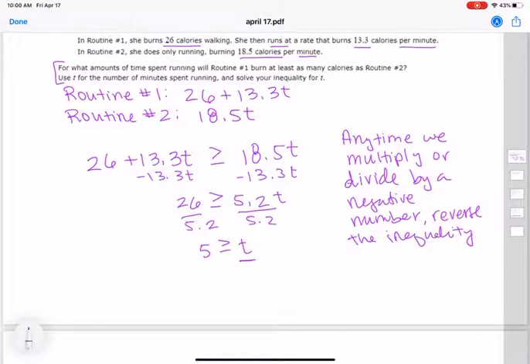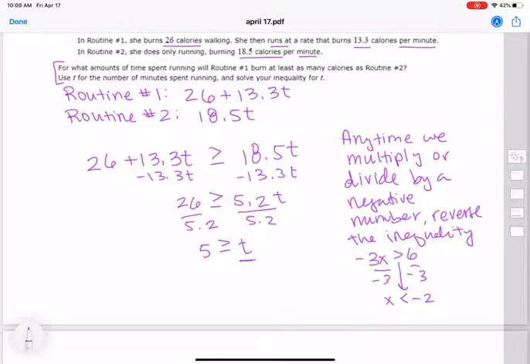For example, if you had something like negative 3x, I'm just making this up, is greater than 6, and then here we're dividing by a negative number. Anytime we do that, we reverse the inequality, so it just flip-flops. That's just a little side note.